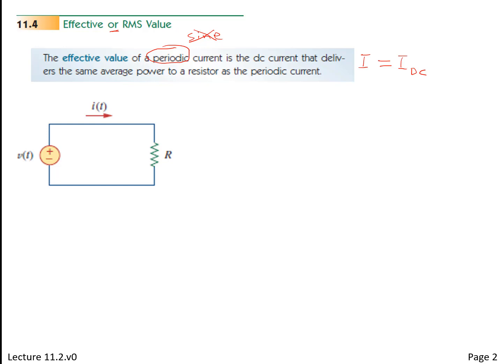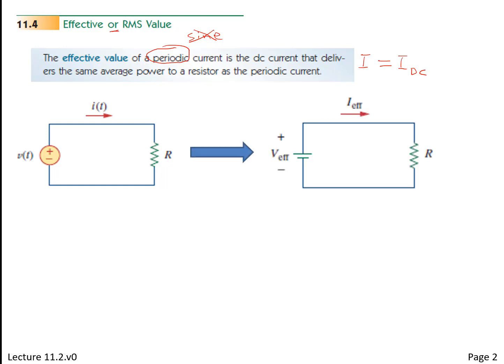Okay? So here is our simple circuit, with an AC source, a time-varying source. So this is an AC circuit, voltage and current across a resistor, coming to a resistor. Okay? And we want to compare that to a DC source across that same resistor producing an effective current.